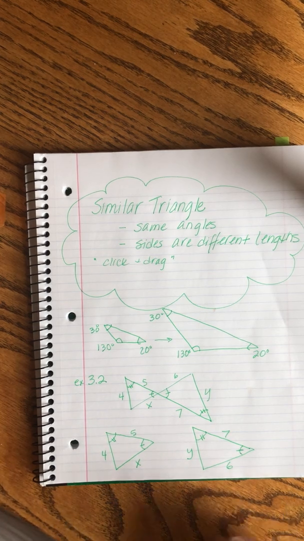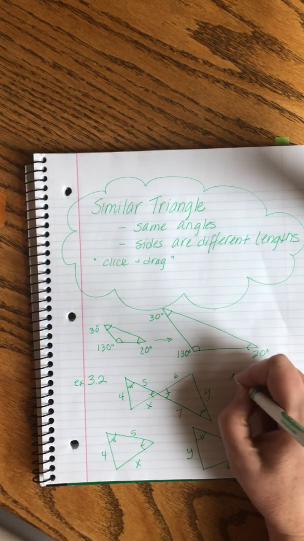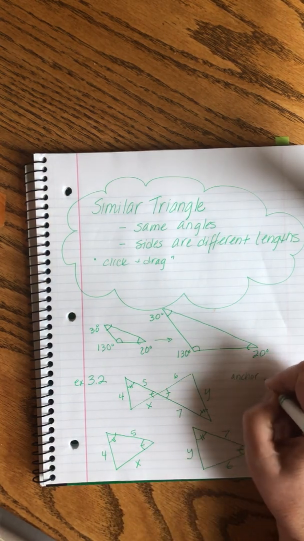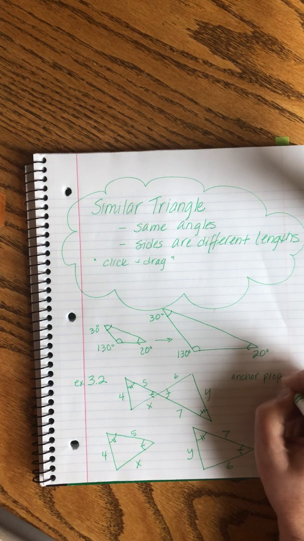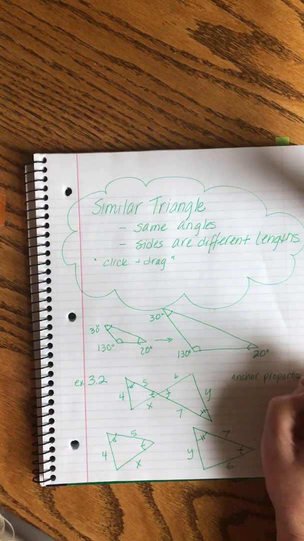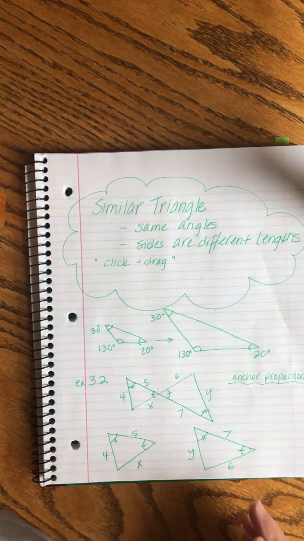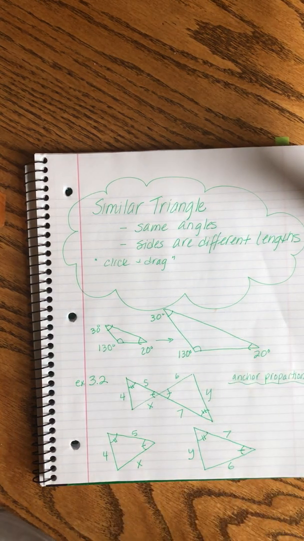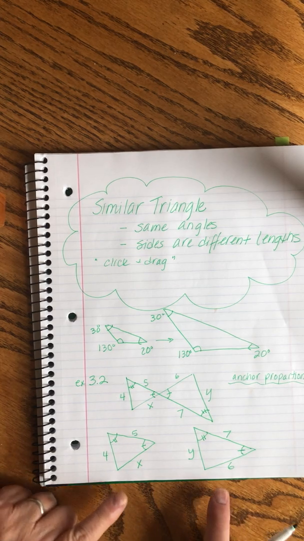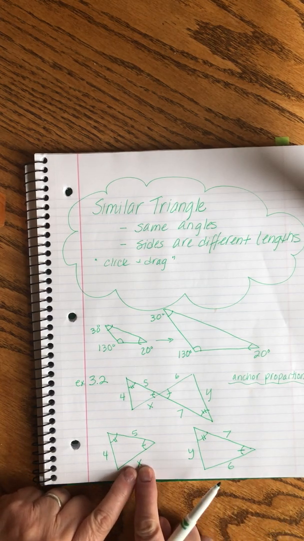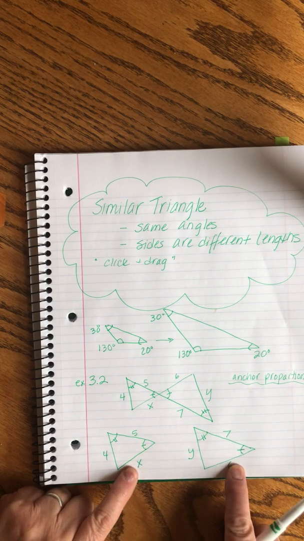Now what I'm ready to do is set up proportions to solve for the missing sides. The first step in this is to find what we call the anchor proportion. The anchor proportion is the pair of sides for which we have a number in both the big triangle and the little triangle. So I look around, okay, this side has an X here, so I don't want to use this side.